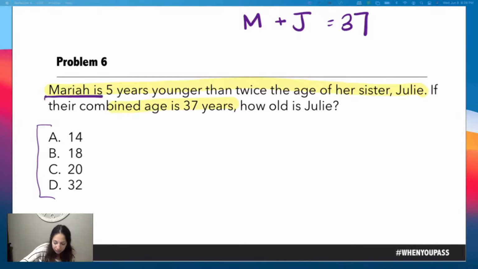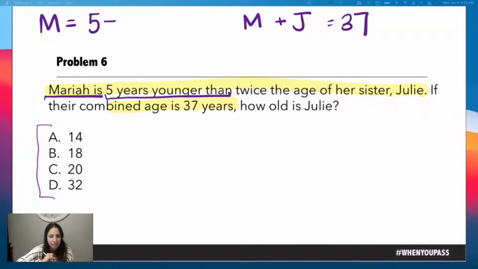Mariah is, M equals. Is, 99% of the time, means equals. Mariah is 5 years younger than. That does not mean 5 minus. That means something minus 5.